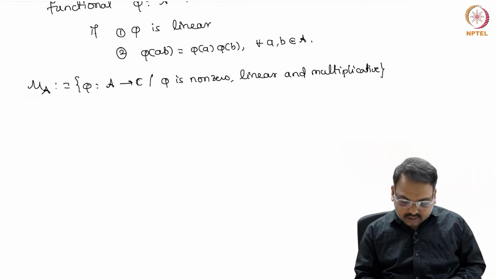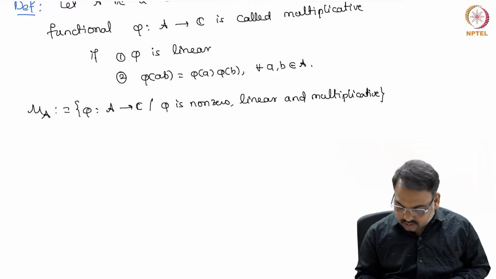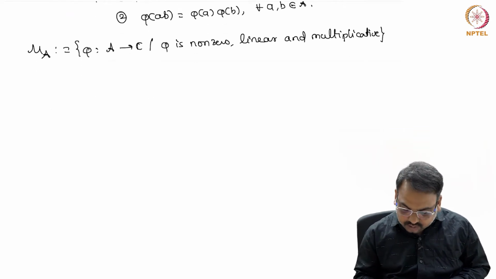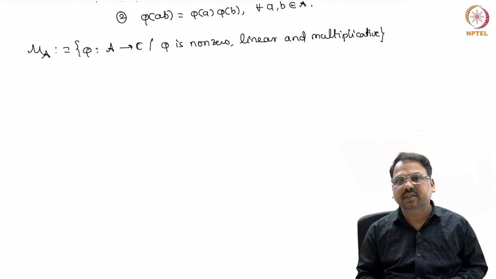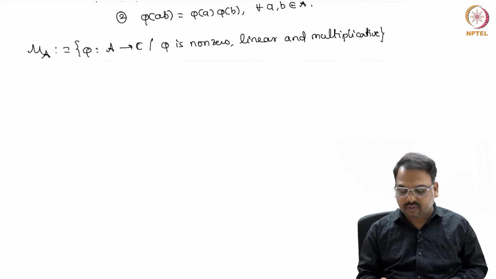In general, 0 is a multiplicative linear functional, but we are not including the 0 functional here. Next we want to show that every multiplicative linear functional is bounded, it is continuous, and the norm of each such functional is 1.